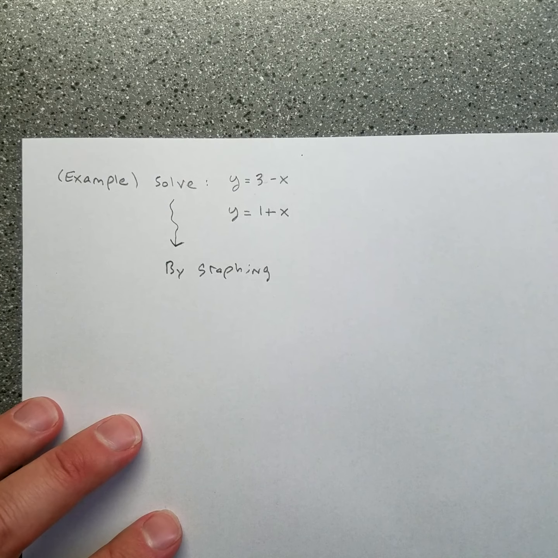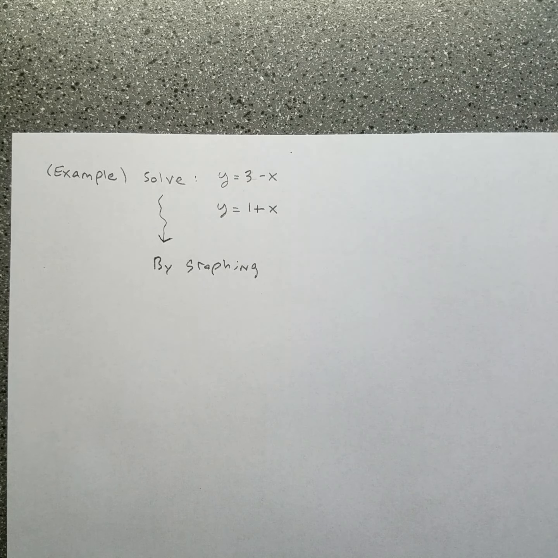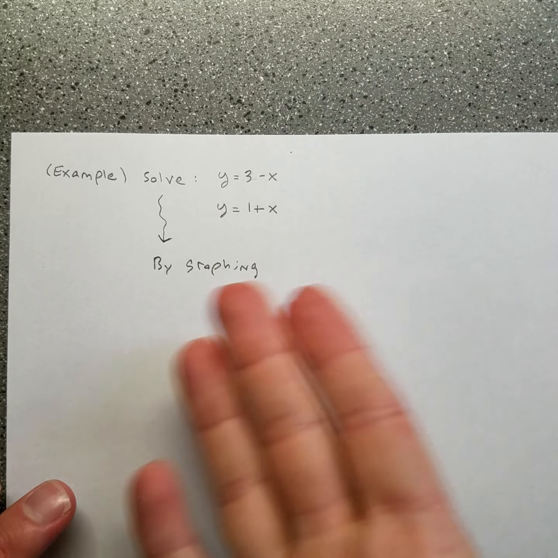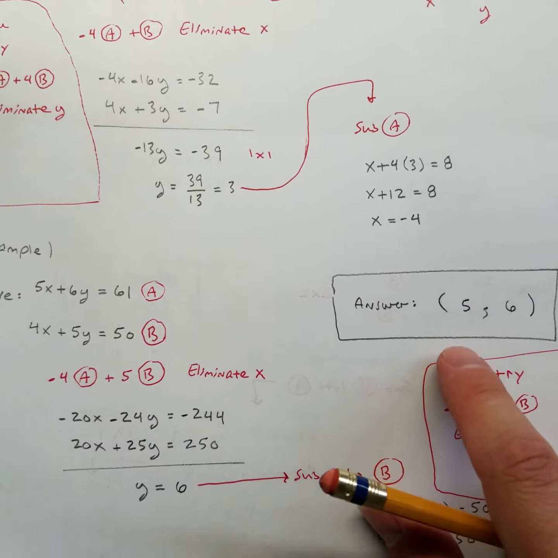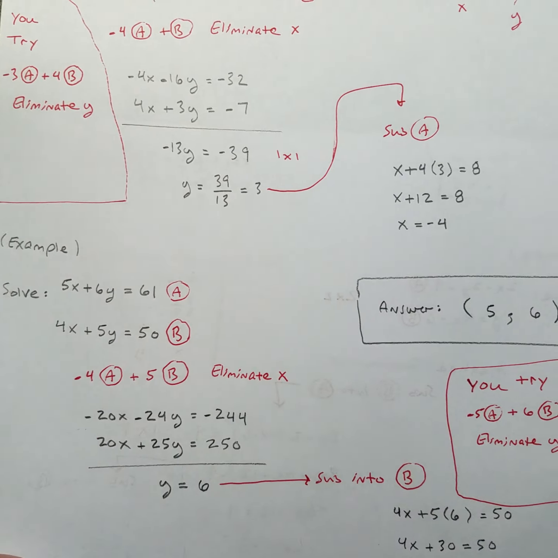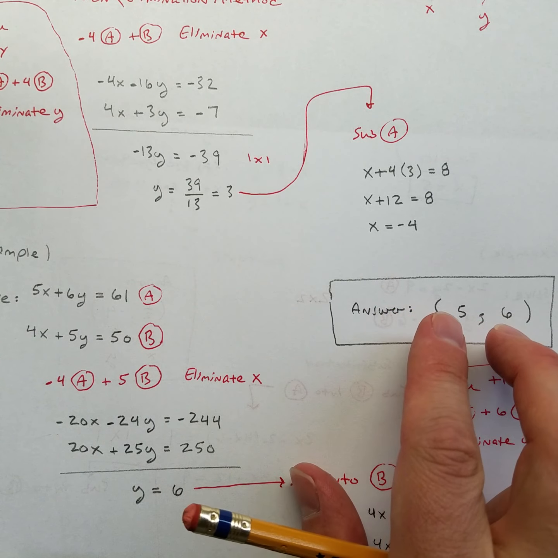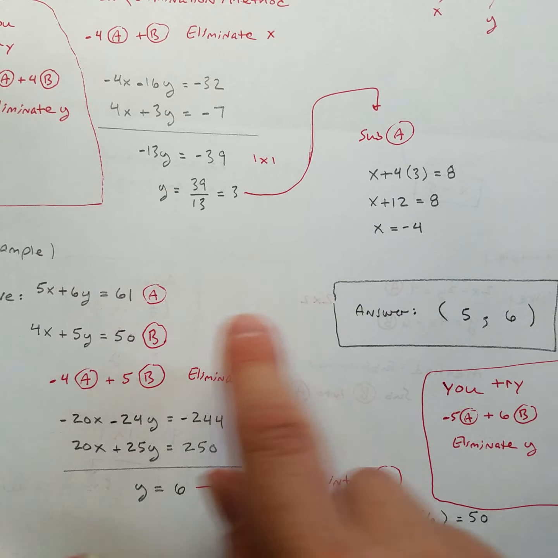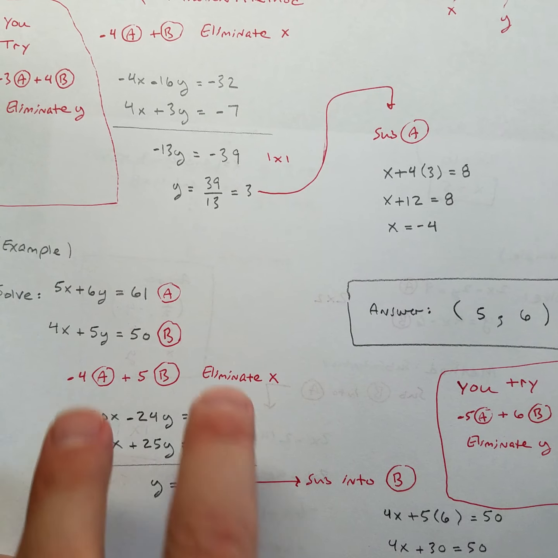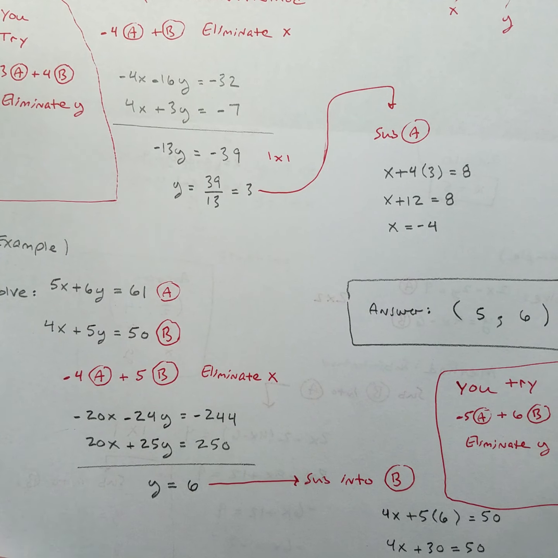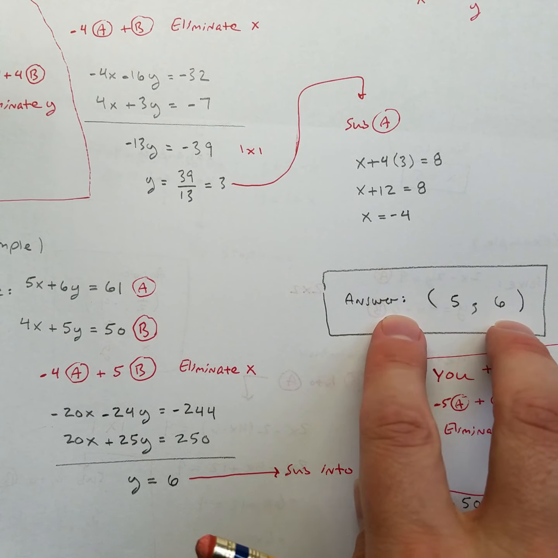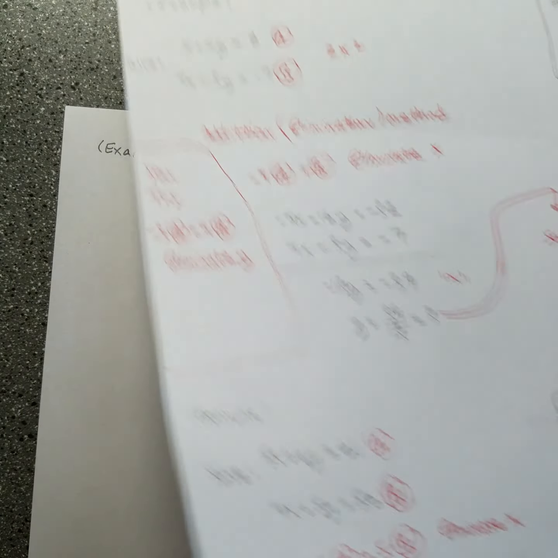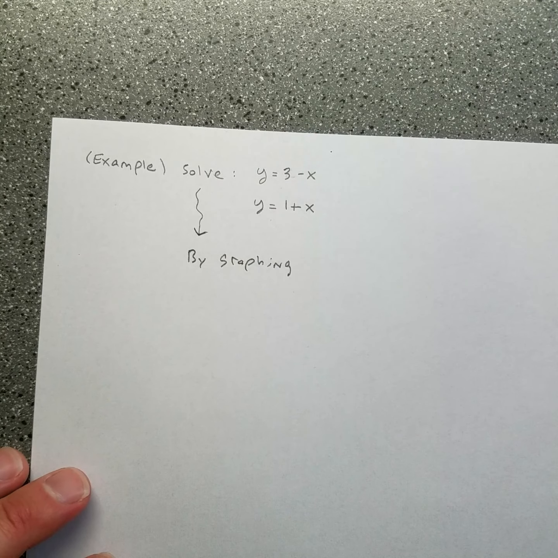I want you to have this geometric interpretation of what the answer to this kind of problem means. The fact that that's an answer to this problem means that if I put 5 for the x's and 6 for the y's, it will make those equations both true. But there's also this visual geometric meaning to that answer that everybody should know about.